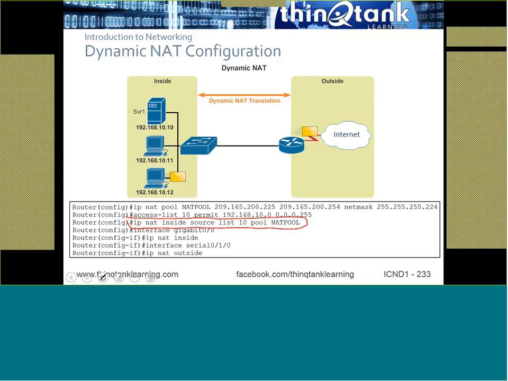In other words, if you're coming from the 192.168.10 subnet, we're going to translate you. Now, we haven't talked about access lists yet. That's another discussion that we'll have today. But for now, we'll just say that essentially if your source address is 192.168.10.anything, you're going to get translated.